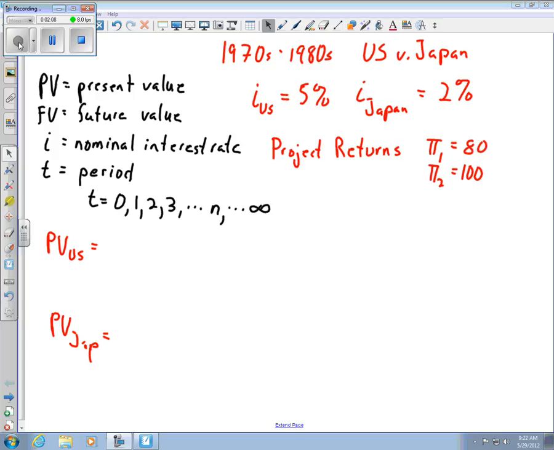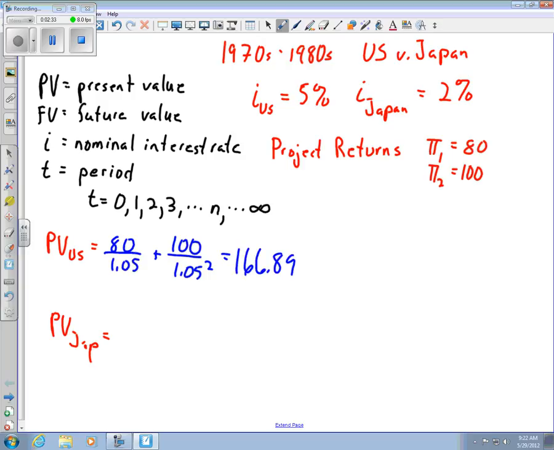Well, for the U.S. firm, the present value of this project is simply 80 divided by 1.05, that's the first period, plus 100 divided by 1.05 squared. This comes out to 166.89.